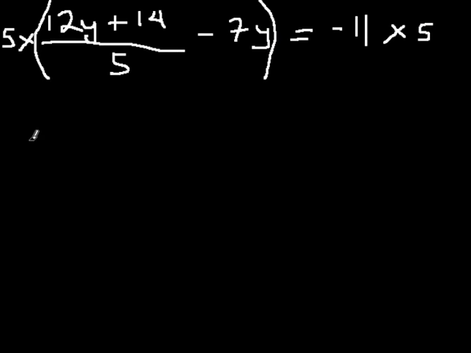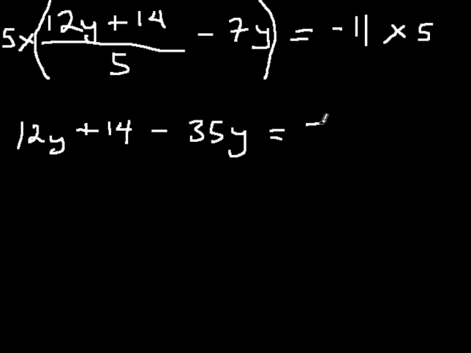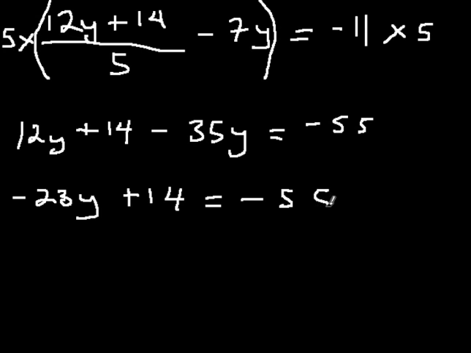So by multiplying everything by 5, we get 12y plus 14 minus 35y is equal to minus 55. Combining like terms, we have minus 23y plus 14 is equal to minus 55.